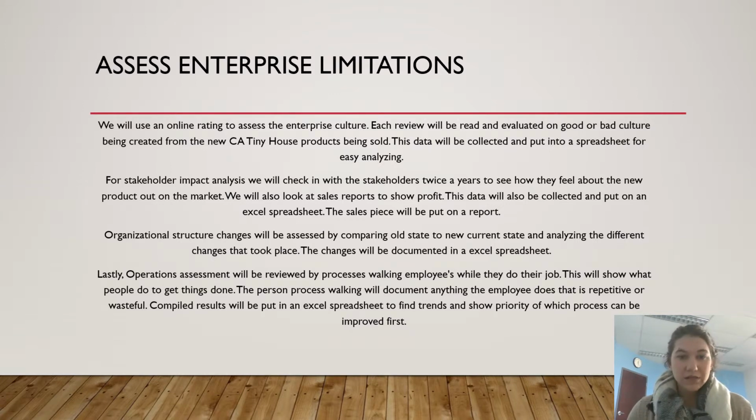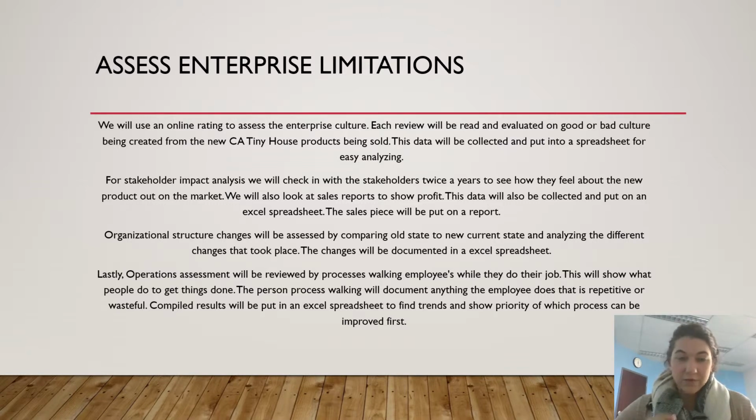Next is assess enterprise limitations, and for this we use document analysis. We broke it down and created different documents for each section: stakeholder impact analysis, organizational structure, and operations assessment. For the different sections, we used different techniques to gather information.